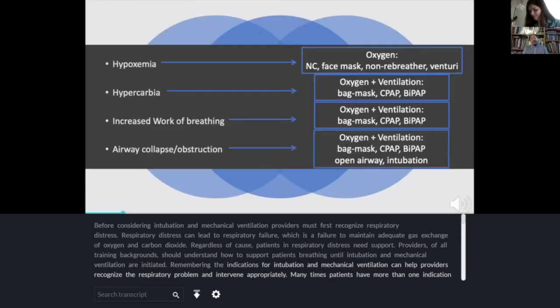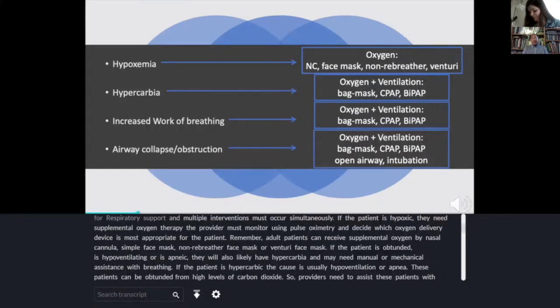Remembering the indications for intubation and mechanical ventilation can help providers recognize the respiratory problem and intervene appropriately. Many times, patients have more than one indication for respiratory support, and multiple interventions must occur simultaneously. If the patient is hypoxic, they need supplemental oxygen therapy.